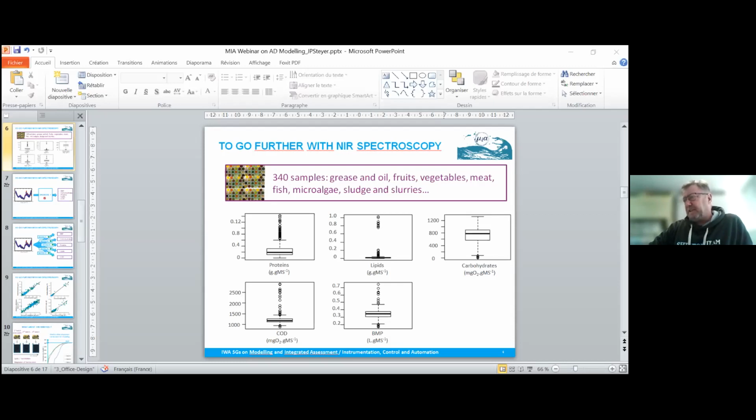Instead of running a BMP in a bottle, as it is classically done, we ran it in a reactor of 5 liters, with a low value of VS at the beginning to avoid inhibition. And we ran a batch test for a few days. After that we iterated: we ran a second batch and a third batch, etc. It could last for 40 to 60 days, so it's quite long.